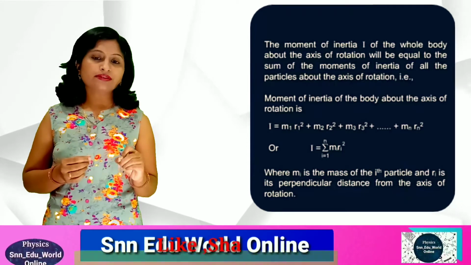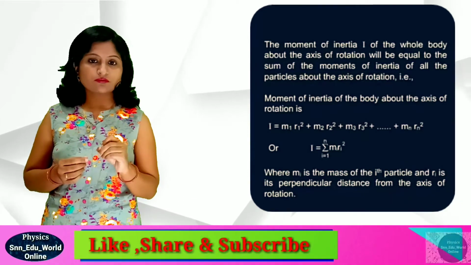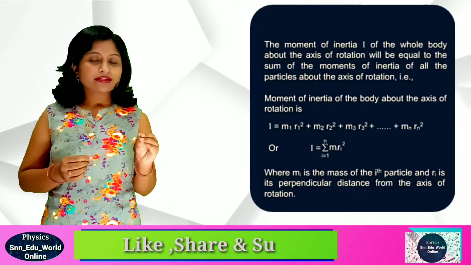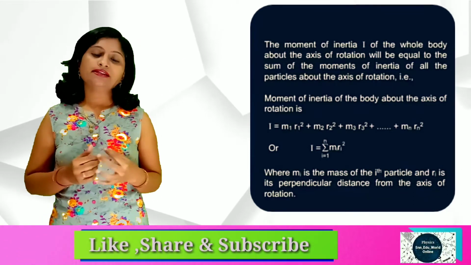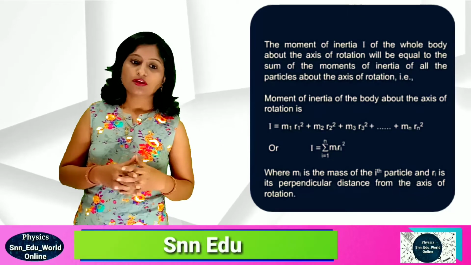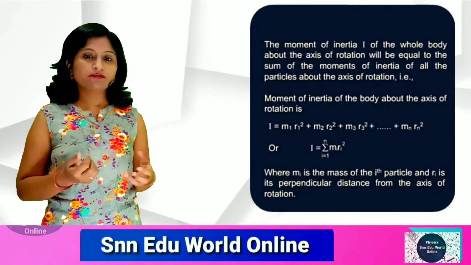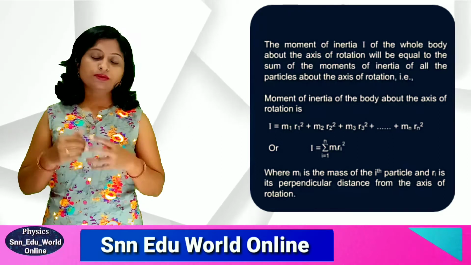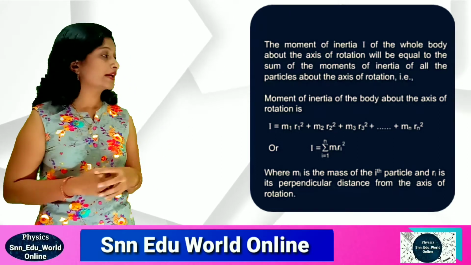So suppose I1 is equal to m1 r1 square, I2 will be m2 r2 square, and similarly for the nth particle it is mn rn square. So if we want to find the total, what we have to do is add each particle's moment of inertia. So we are adding here.